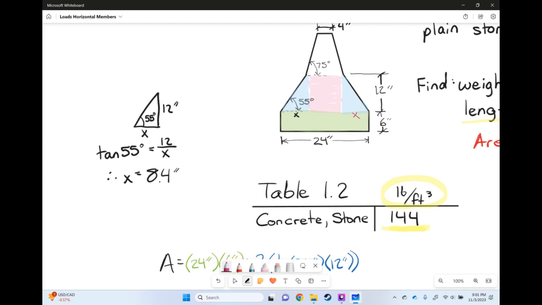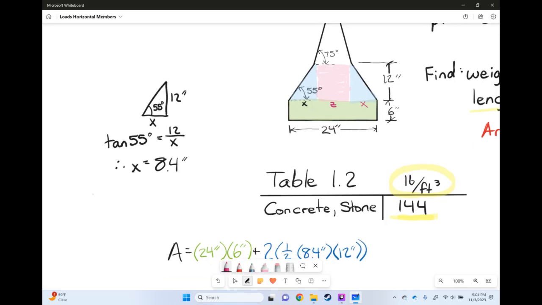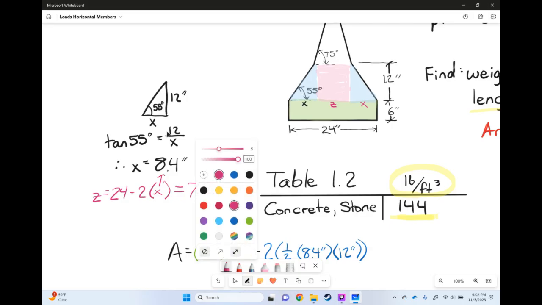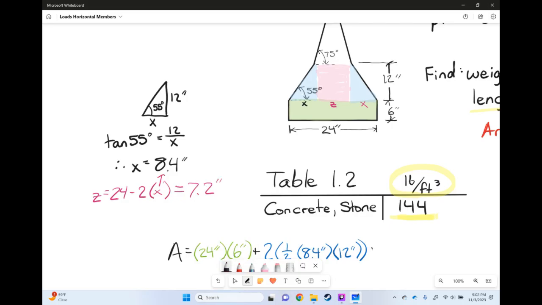If I want to find this value in here, maybe we call it Z, I just need to take 24 minus 2 of that X value, and X was, of course, 8.4. So my Z value is going to be 7.2 inches. Then we're going to come over here and add base times height.